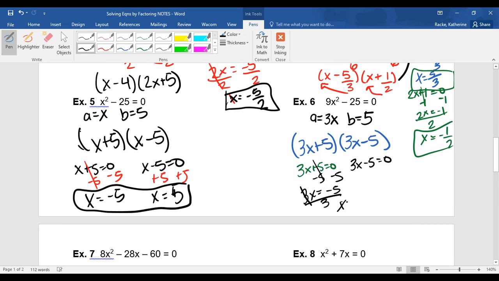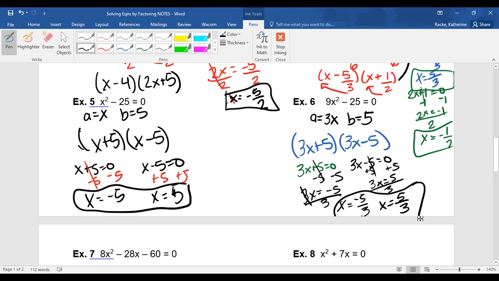X is going to equal negative 5/3 for that one. Add 5 here, cancels out. 3x equals 5, divide by 3. X equals a positive 5/3. And there's your final answer.